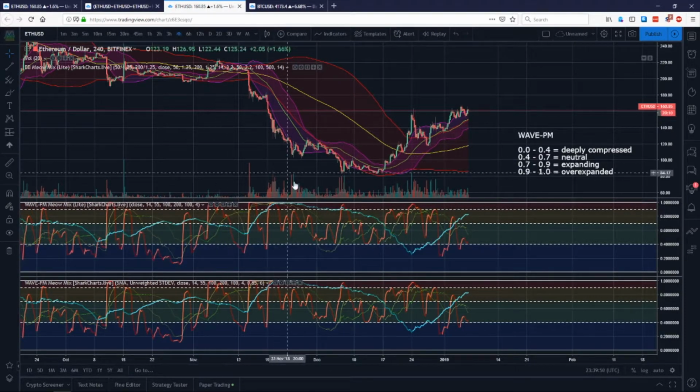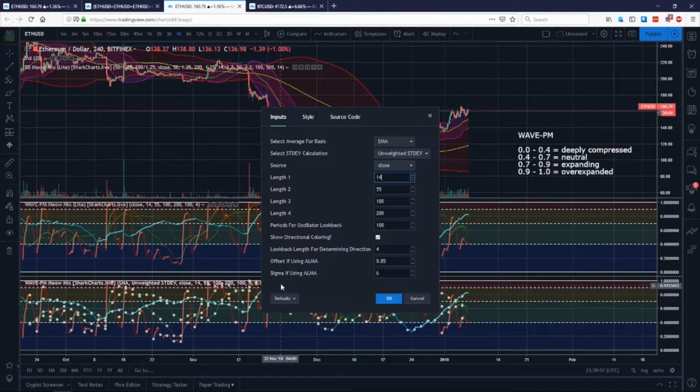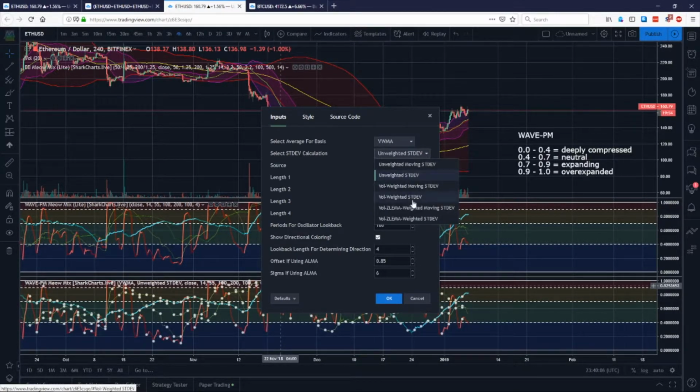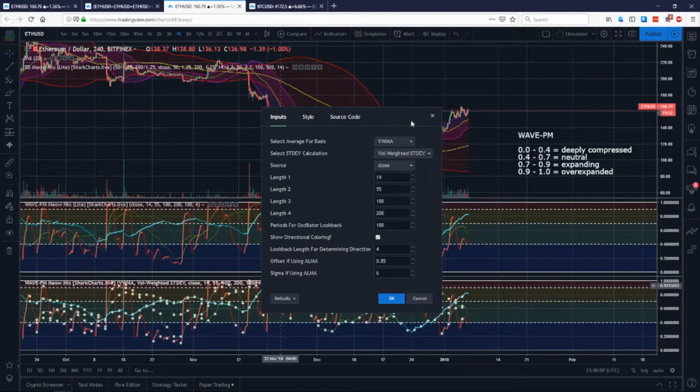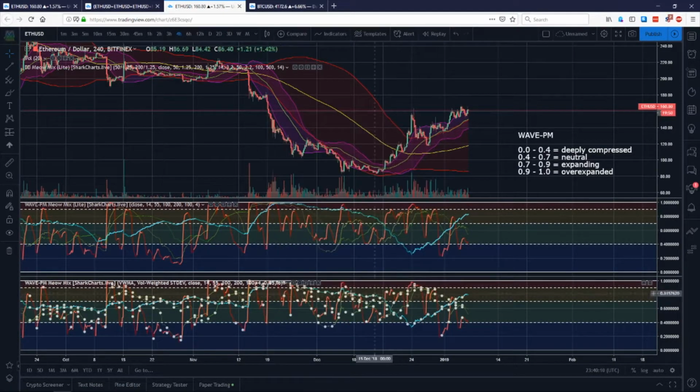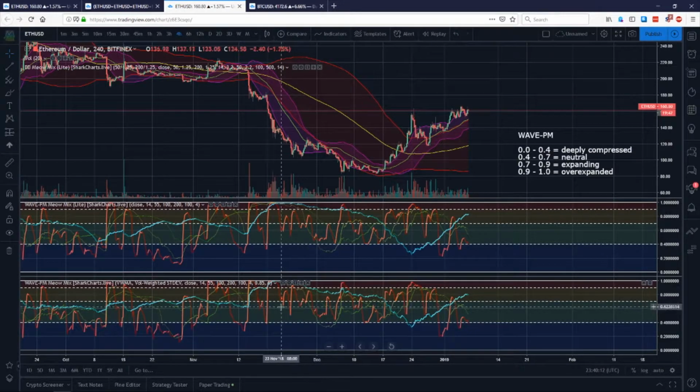So the full version of Wave PM adds support for calculations of standard deviation based on various moving averages. So if we go to VWA and volume weighting standard deviation, you'll mostly notice that for this particular one, you get spikier results. Certain moving averages will give you very different patterns.